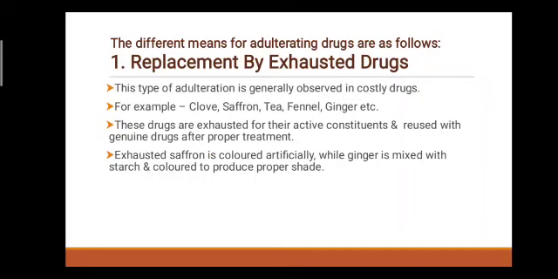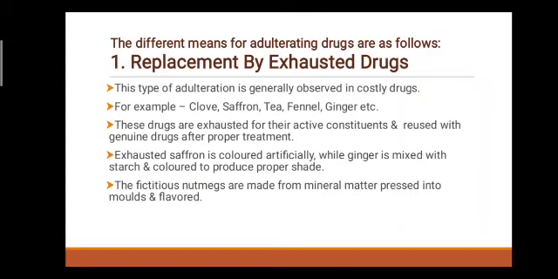Exhausted saffron is colored artificially, while ginger is mixed with starch and colored to produce proper shade. The fictitious nutmegs are made from mineral matter pressed into molds and flavored.